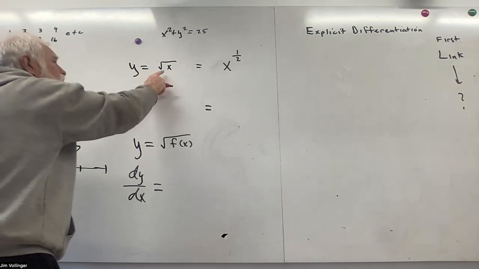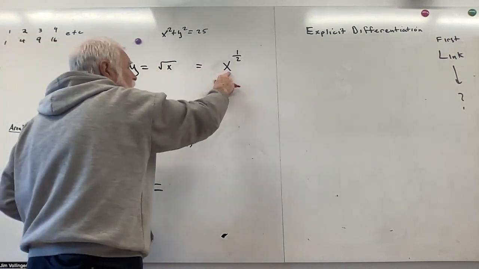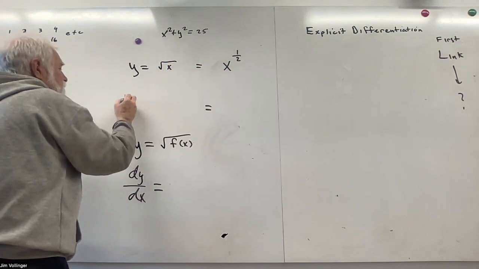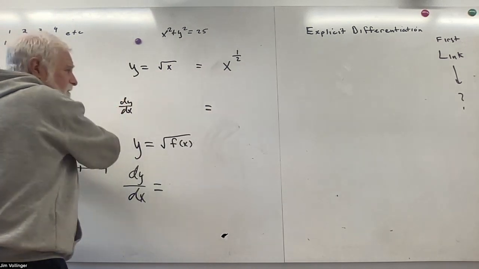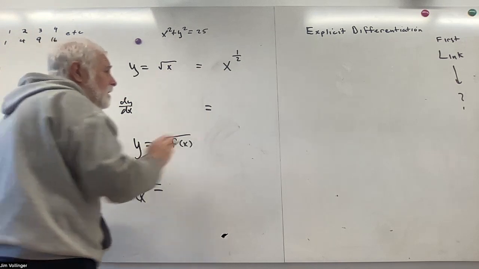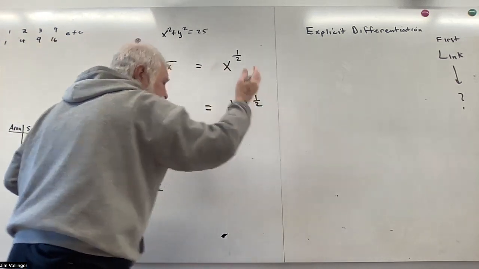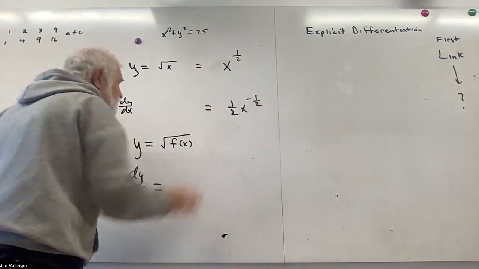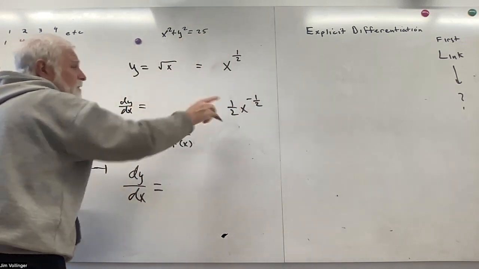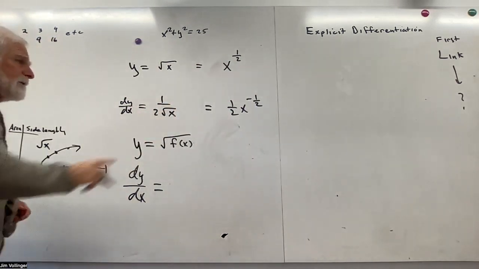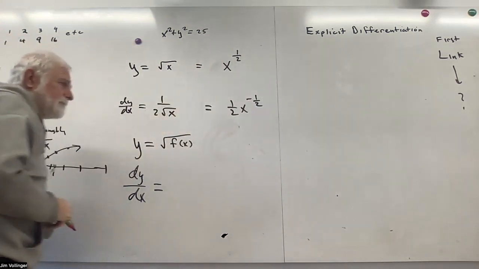From your algebra 1, the square root of x could have been written as x to the 1/2. And the derivative of x to the 1/2, which is really that dy dx process, from a power standpoint is 1/2 x to the -1/2. And from your algebra 1 studies, you should be able to see that that is 1/2 root x. It's the square root of x in the denominator.